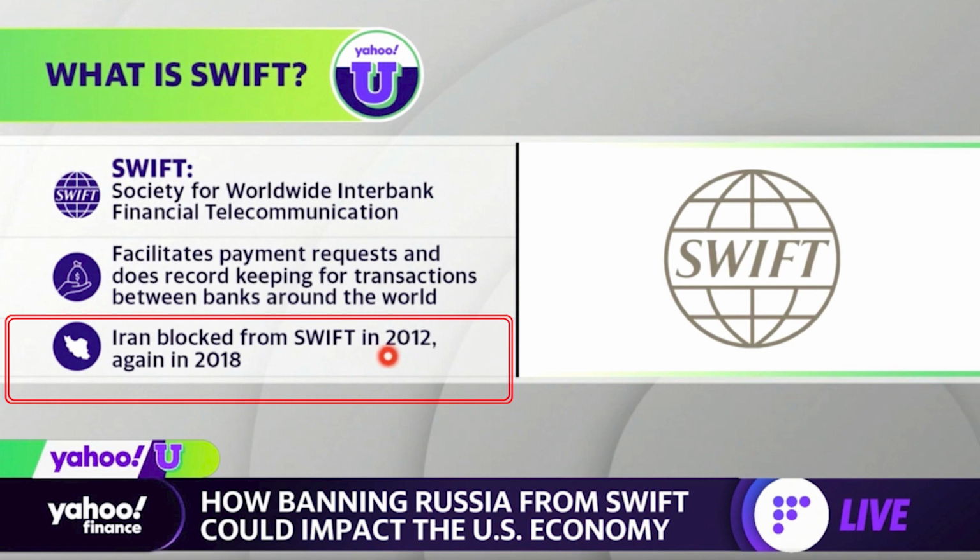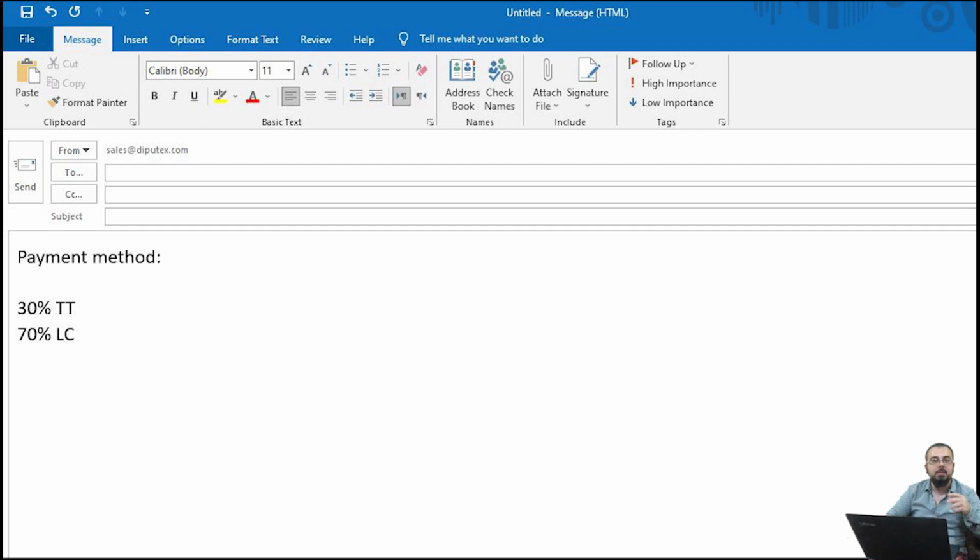So here we are faced with other aspects of telegraphic transfer. Therefore, the procedure to make a telegraphic transfer can vary between countries, banks, and financial institutions.